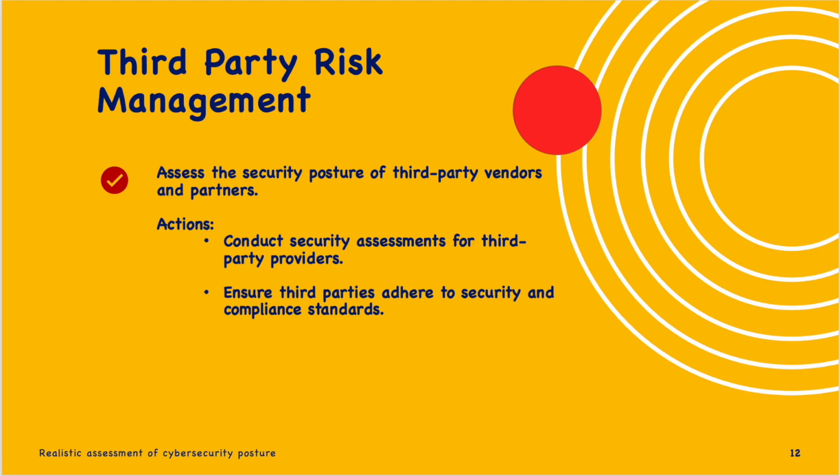They need to conduct a vendor risk management program, categorize the vendors, and have the contractual agreements. They need to review and update contracts, and do continuous monitoring. These are a few things, along with security audits and assessments, they need to perform to do the third-party risk management.